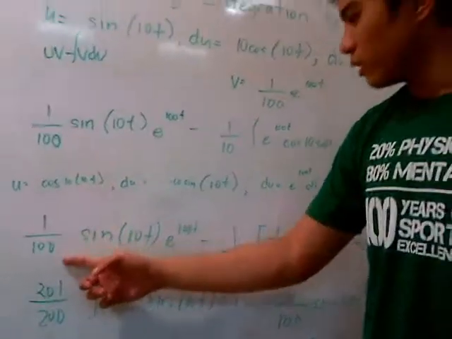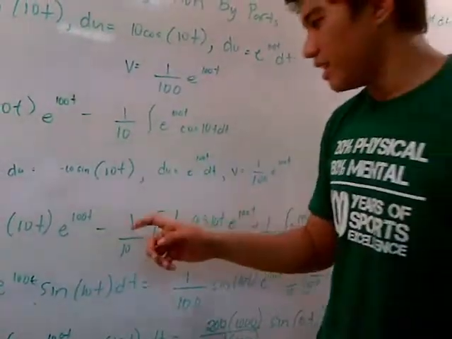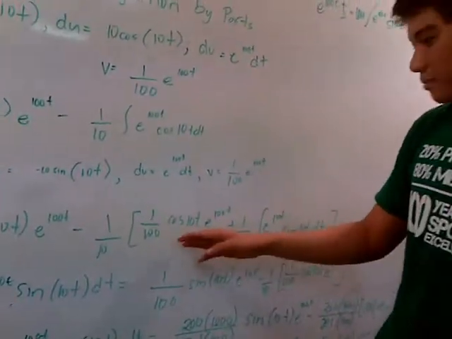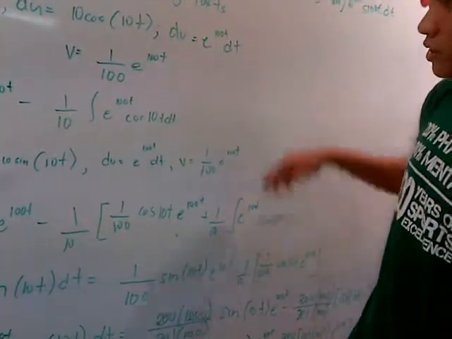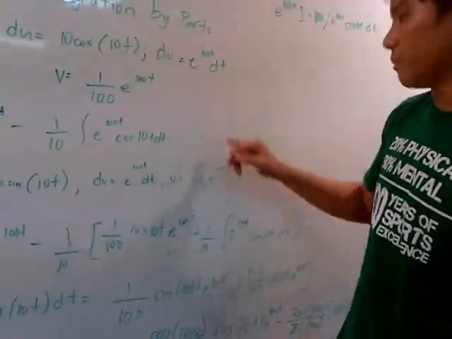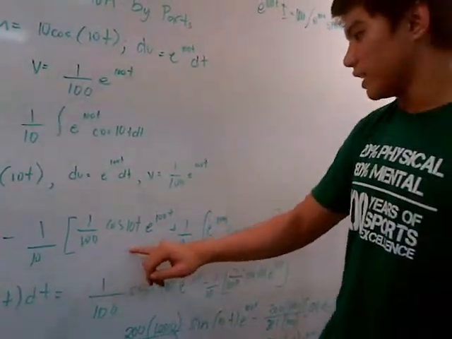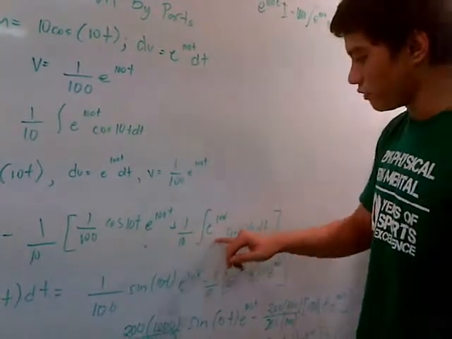U equals 1 over 100 sine 10t times e raised to 100t minus 1 over 10 times 1 over 100. This is the part where you use the second integration by parts, wherein 1 over 100 cosine 10t e raised to 100t plus 1 over 10 integral of.